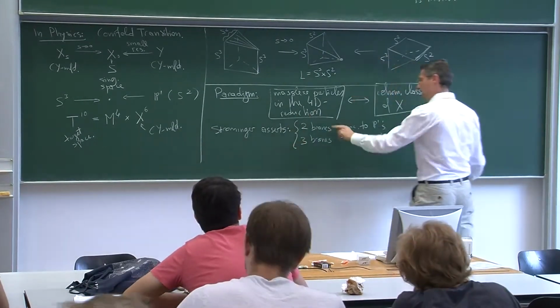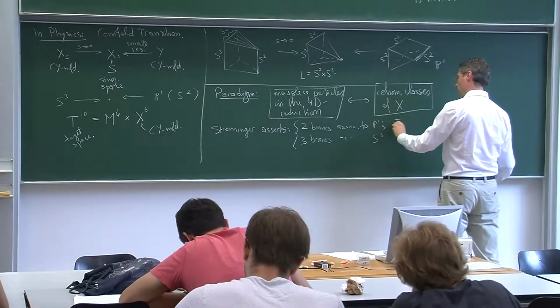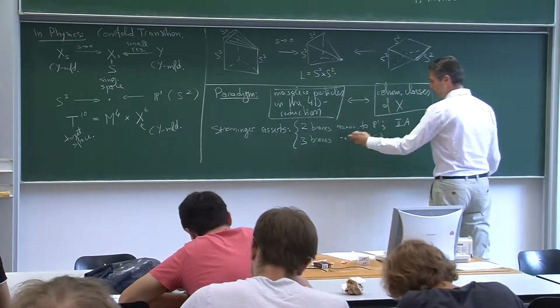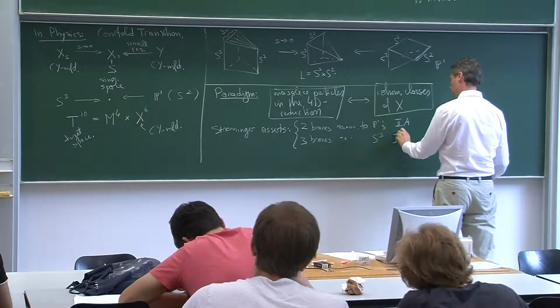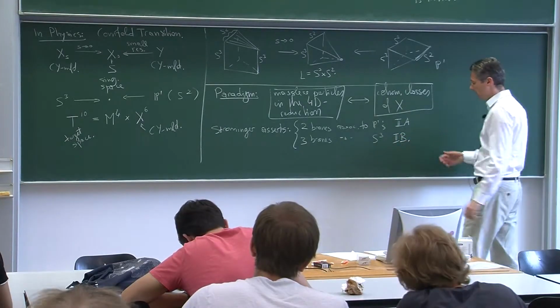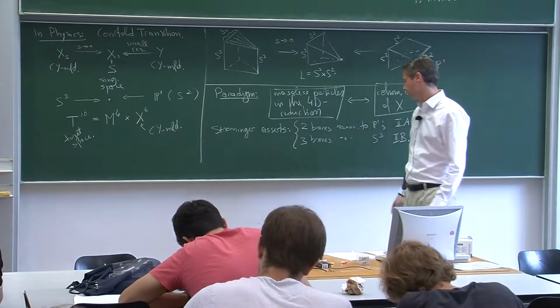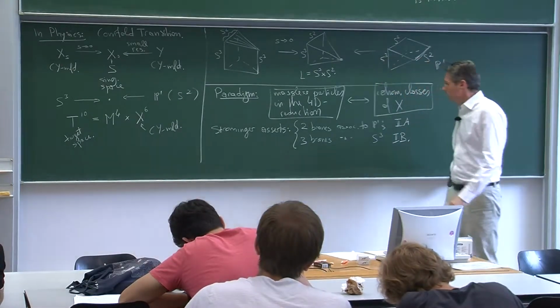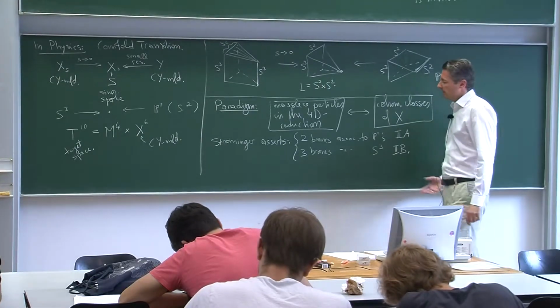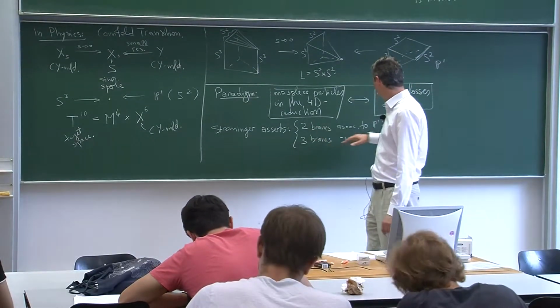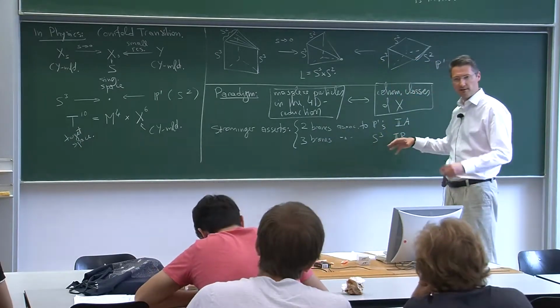More precisely, these two branes arise in string theory of type 2A, and these three branes arise in type 2B string theory. Okay? Their mass is proportional to their volume, and they wrap around these cycles tightly.